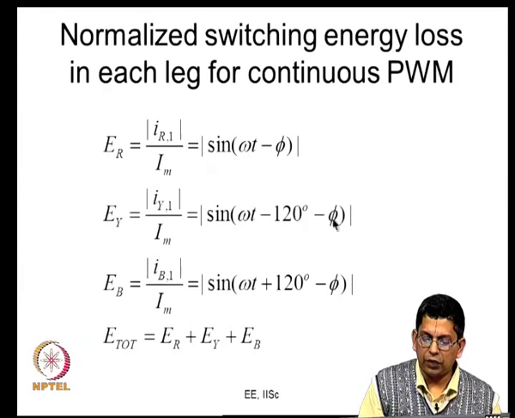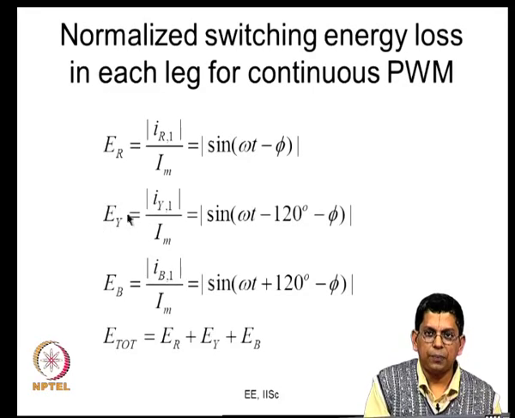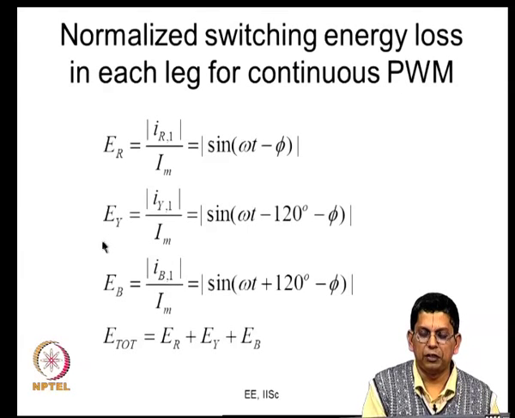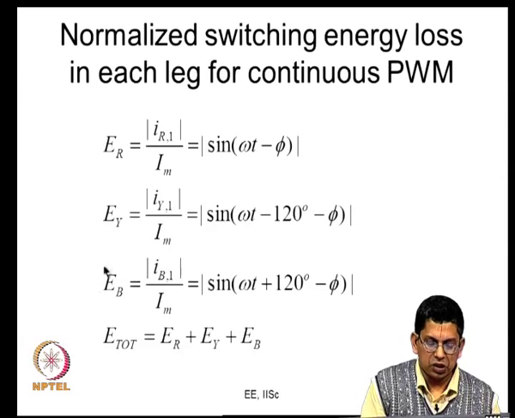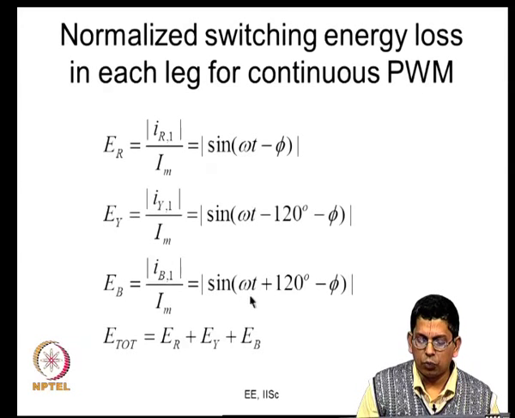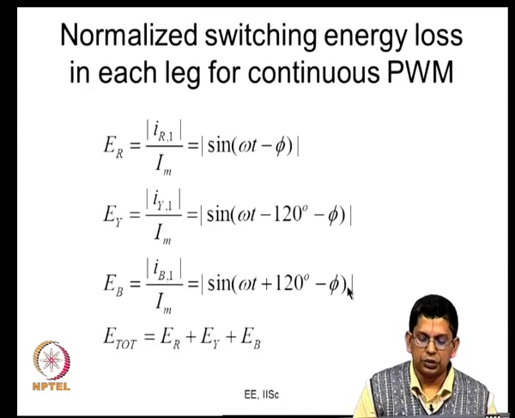The unsigned value of sin(omega t minus 120 minus phi) is the energy that is lost in the Y phase. There is an approximation we have simplified today. Again, the normalized energy loss in B phase can be given by the unsigned value of sin(omega t plus 120 minus phi). These are the normalized switching energy losses in each leg.